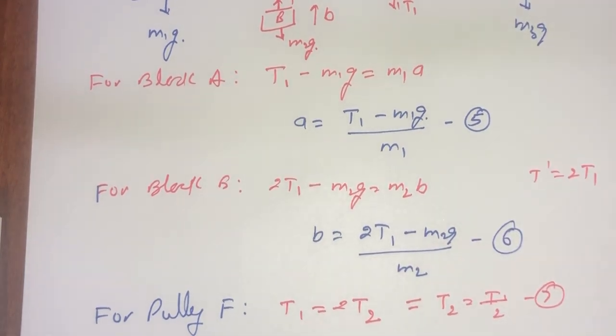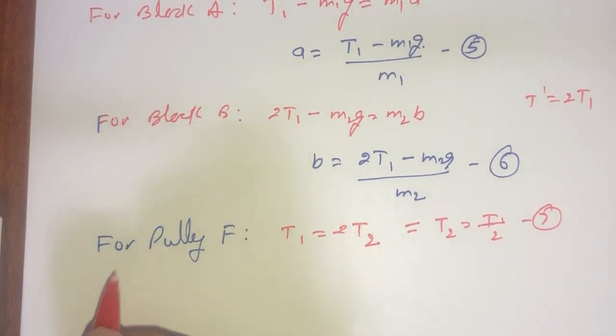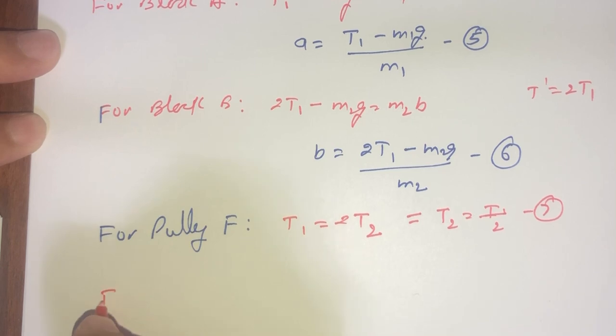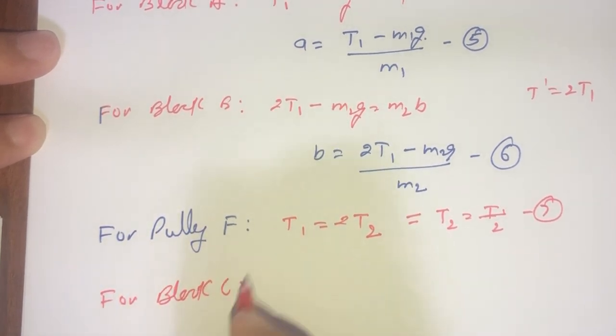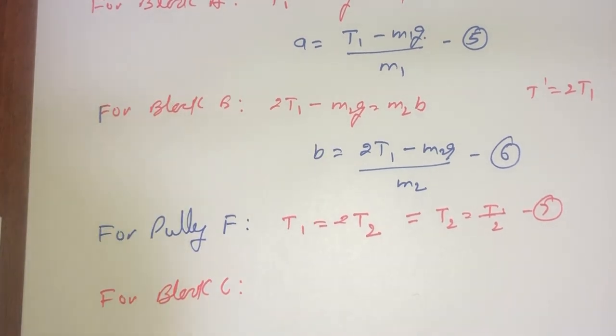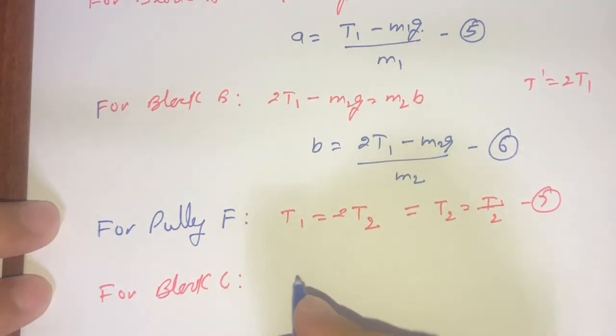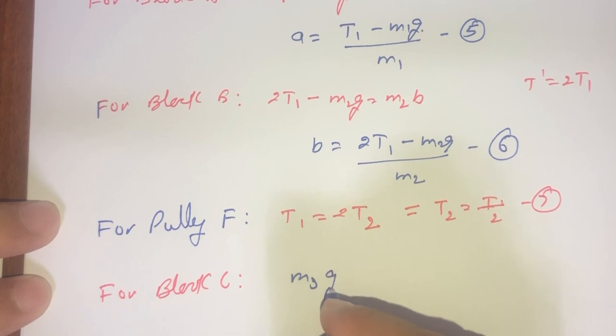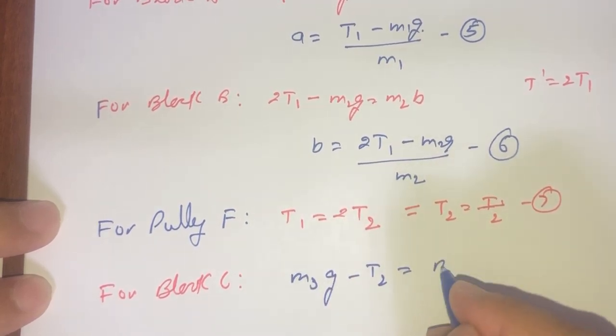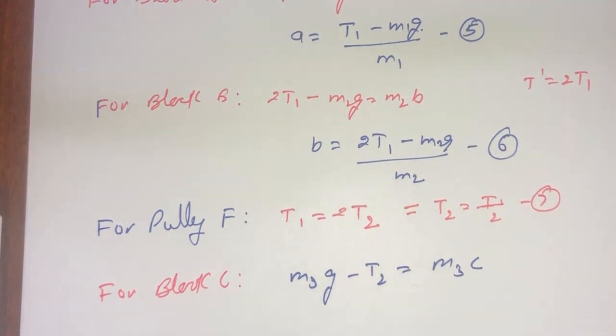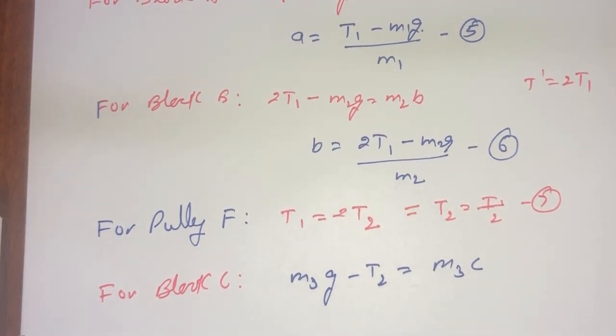So we can say for block C we have m3 g minus T2 is equal to m3 C, and we already found out the relationship between C, A and B.